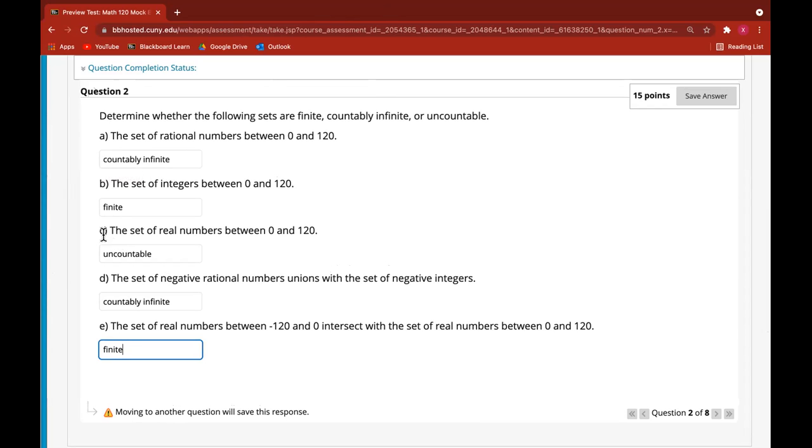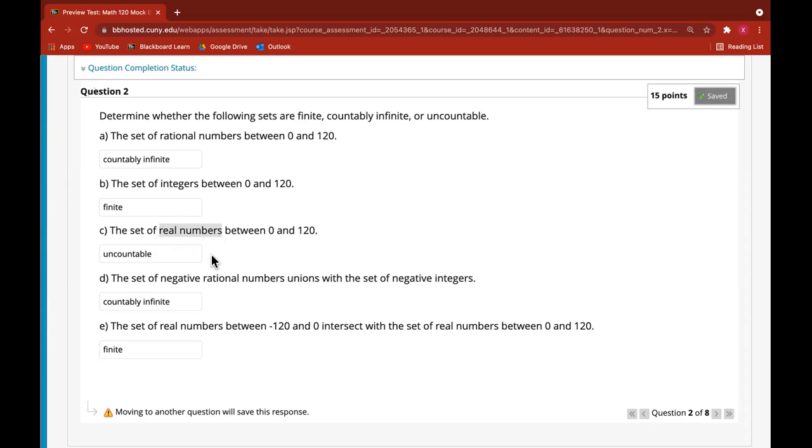Okay, people are asking why is it uncountable? Since we are looking at the real numbers, in class we checked that the real numbers between 0 and 1 are uncountable. If you scale 0 to 120 down to 0 to 1, whatever we did in class with the real numbers between 0 and 1, you multiply that function by 120, and you will get this set.